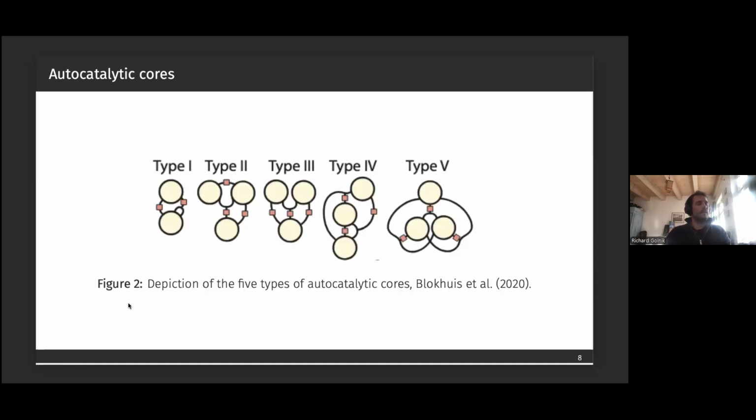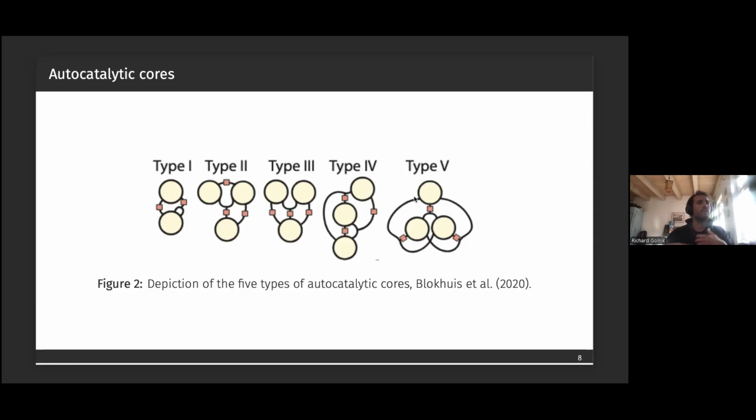And then in the paper from Alex Blokhuis in 2020, they characterized the autocatalytic cores into 5 types, and they proved that these are the only 5 types that can occur. This was in a setting where all the reactions were considered reversible.